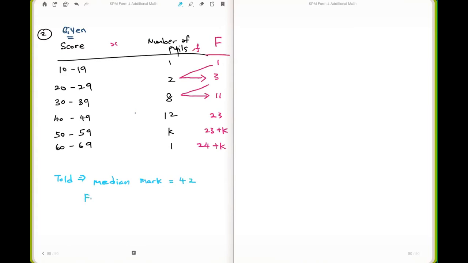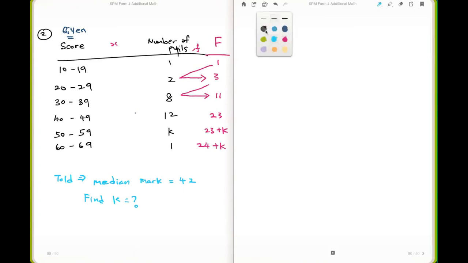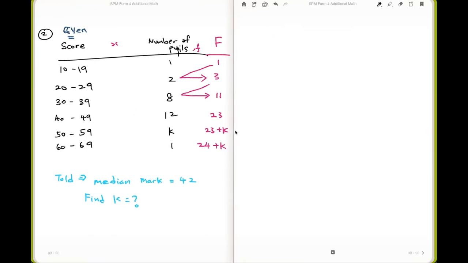You need to find the number of people K. This is not kind of straightforward, but make use of the equation. Don't worry, this is how you're going to do it. You need to get the median equation from the equation book. The median of the distribution is 42.